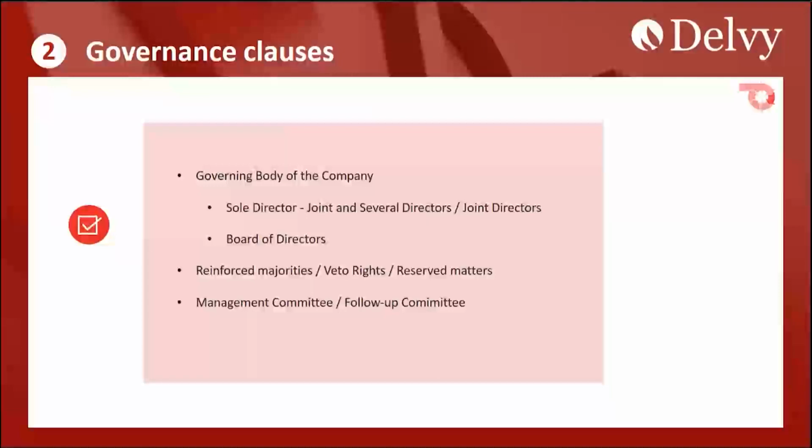Here in Spain, we have the figure of the director and joint and several directors if there are two or more, and a board of directors, which is a body composed of 3 members or more, in which the decisions have to be taken through majority within this board of directors, right? And then we have the shareholders board, or the shareholders meetings.